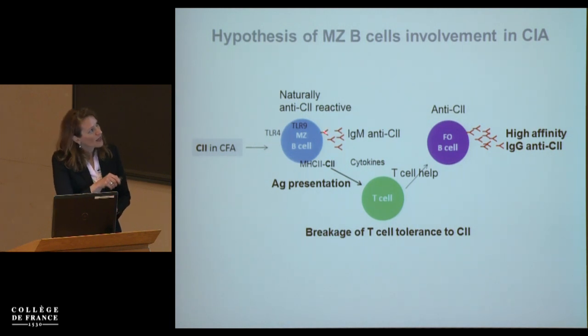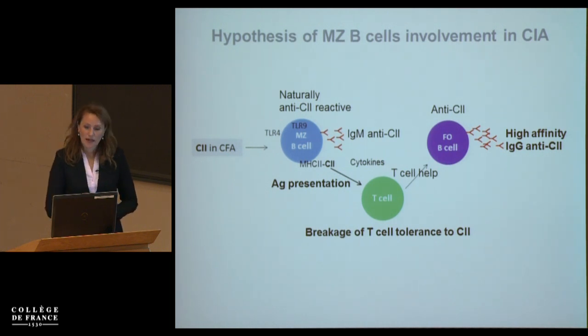So we think that they will communicate with T cells in this way. They present the collagen here. Now the T cell will become active. In a normal situation, a T cell that has a self-reactivity would not be activated. But if it gets the right signal, it can actually become activated. And this is what we call breaking the tolerance.